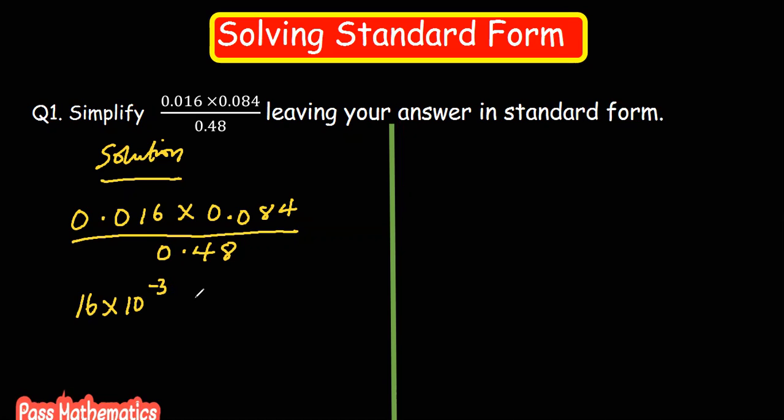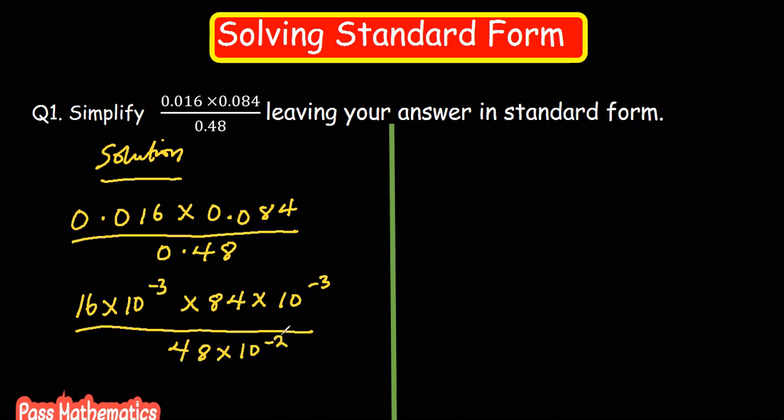Then multiply by 84 times another 10 raised to the power of minus 3. So we change it to standard form, then divided by 48 times 10 raised to the power of minus 2 here. You can see we have 2 digits after the decimal point.